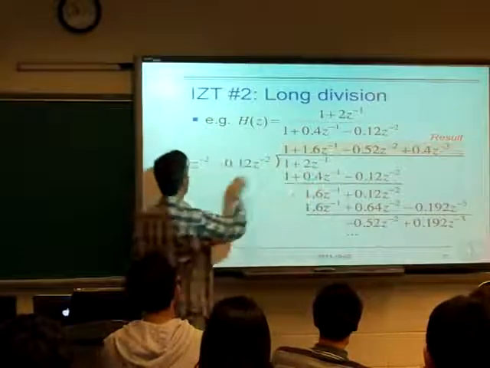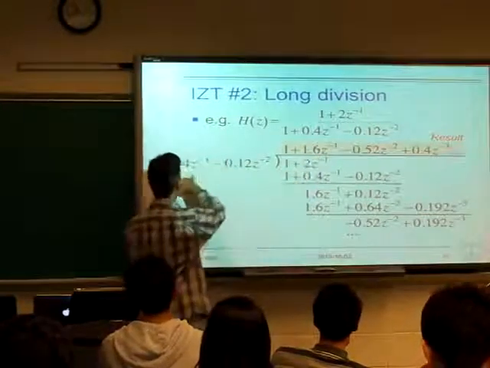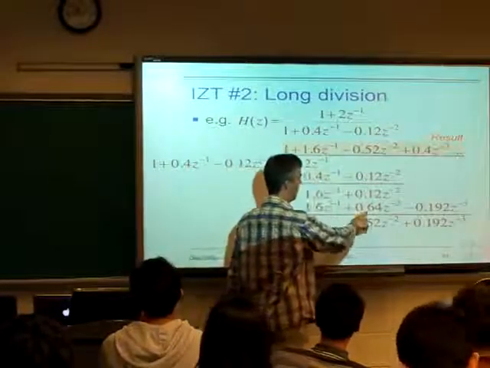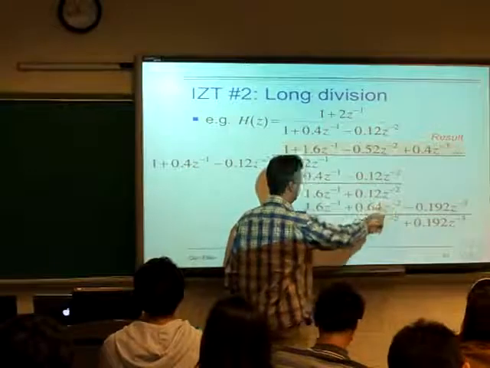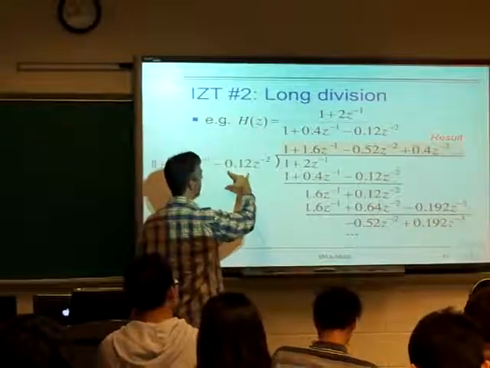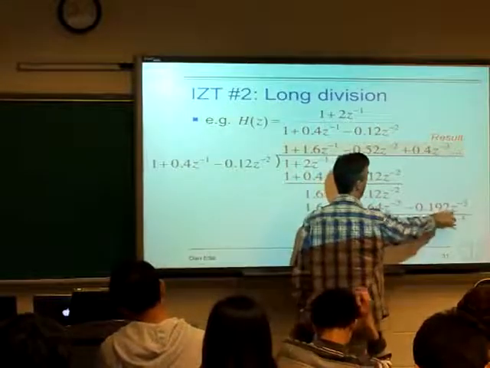So 1.6 z to the minus 1 times 1 is 1.6 z to the minus 1. 1.6 z to the minus 1 times plus 0.4 z to the minus 1 is 1.6 times 0.4, 0.64 z to the minus 2. 1.6 z to the minus 1 times minus 0.12 z to the minus 2 gives us minus 0.192 z to the minus 3.